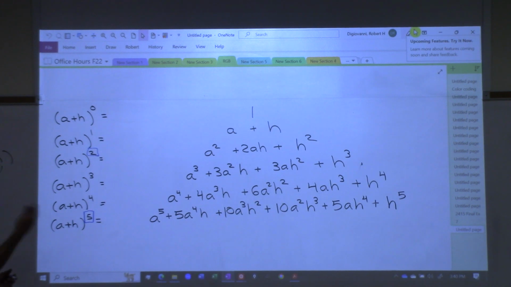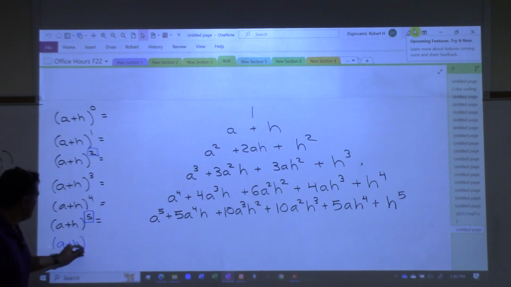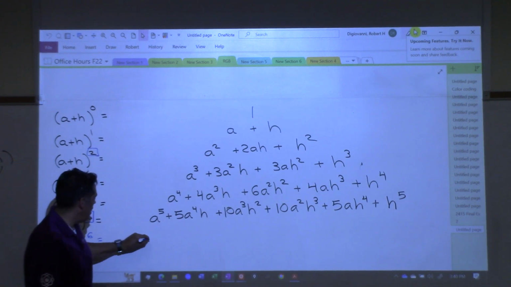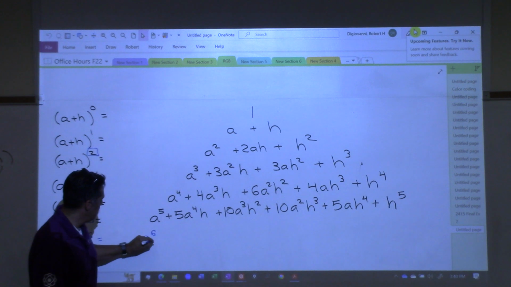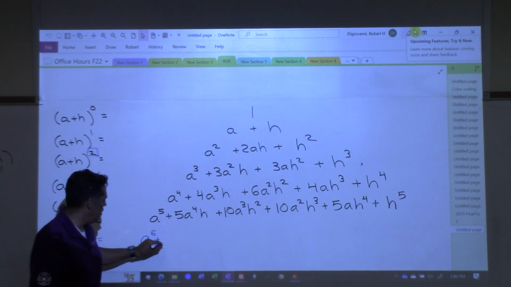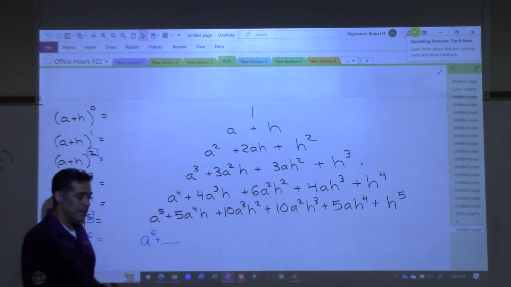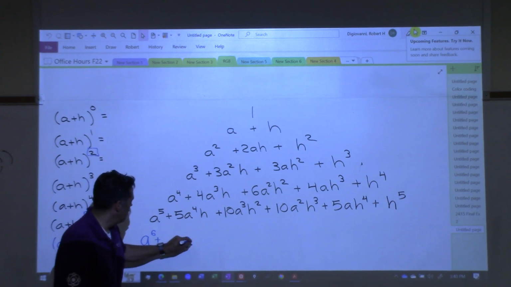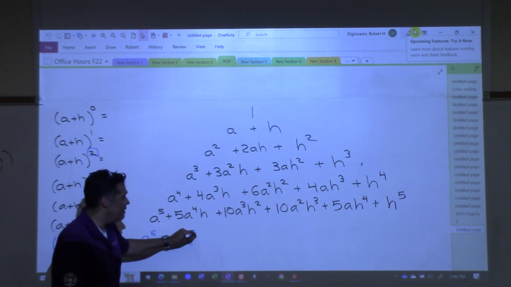So if I were to predict what the next line would read, a plus h to the 6th, I would guess that I would have an a to the 6th plus some number, right? Don't say the number if you know it. And then a to the 5th power, and now I should have an h.